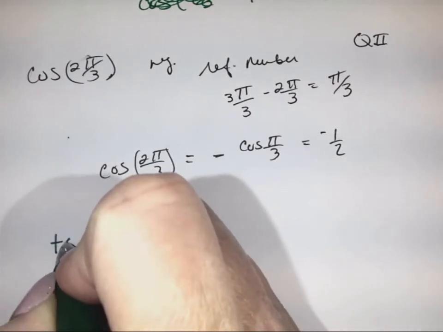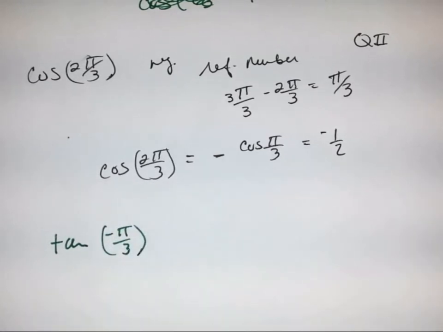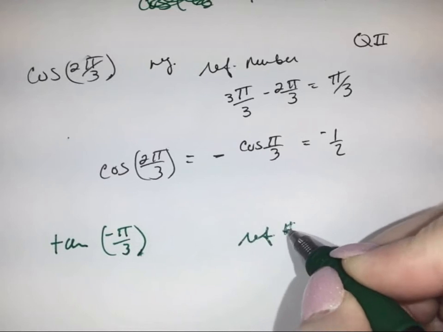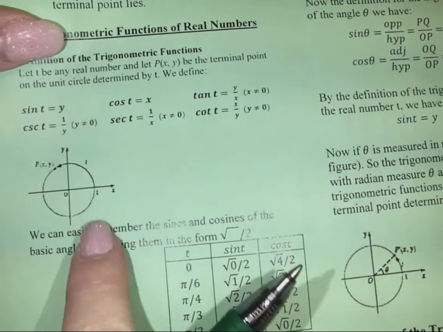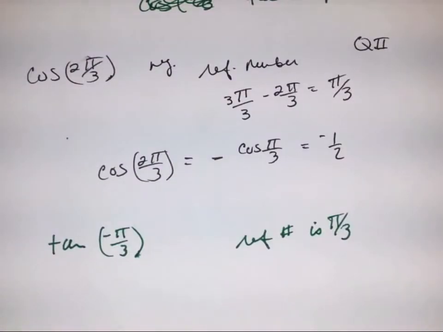So if we do tangent of negative pi over 3, remember that negative is going to go clockwise on our circle, so our reference number will be the same. The reference number is pi over 3, because that's what it would take to get back up to the x-axis. Negative pi over 3 goes this way, and it'll be the same distance to get back to the x-axis. So our terminal point is going to be in quadrant 4.